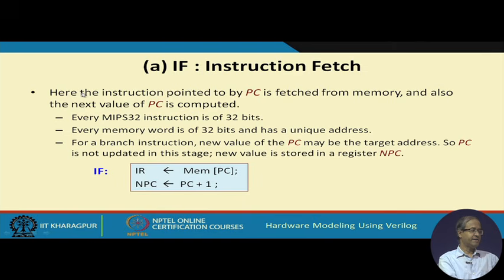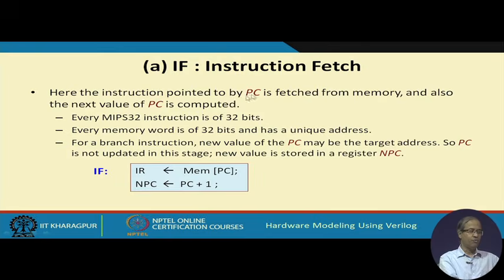Here, PC always contains the address of the next instruction to be executed. So, whatever PC contains, you fetch that word from memory and store it in an internal register. It is called an instruction register, we will see it later, but this fetch is going on.